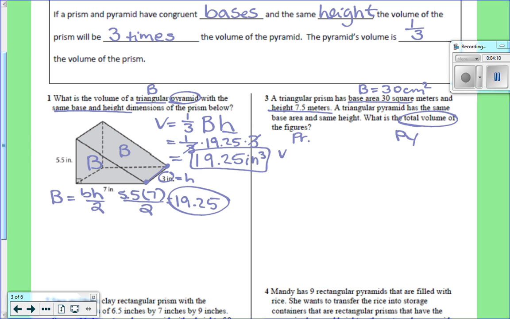and pyramid. So our area of the base times the height, right? So what's the area of our base? They already gave it to us, right? So we can substitute in 30, and our height is 7.5 meters. What's our total volume for a prism? Good. Okay, so what do we do with that for here?